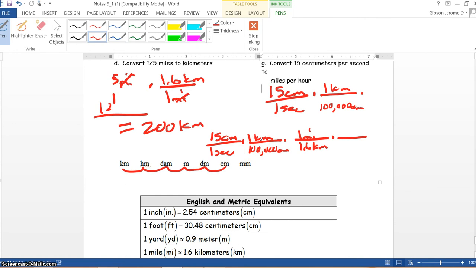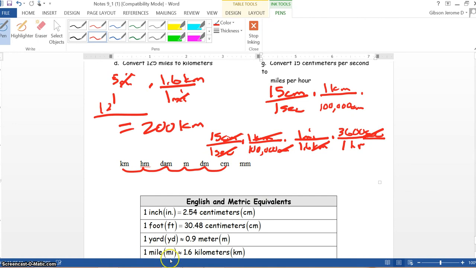We know it takes 60 seconds to equal 1 minute and 60 minutes to equal an hour. So basically it takes 3,600 seconds to equal 1 hour. So now we can cross simplify. Centimeters, centimeters. Kilometers, kilometers. Seconds with seconds.